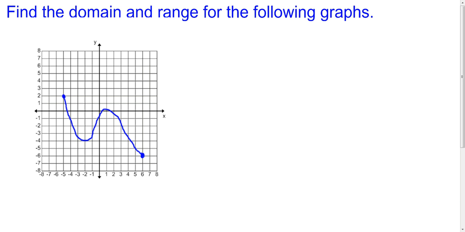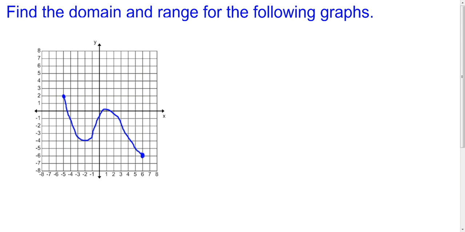Okay, this is just a graph, so we're going to look at the domain and the range here just to get used to how to write the notation for it. Remember that domain is your x value, so you want to look at what's happening as you move left to right on that graph.